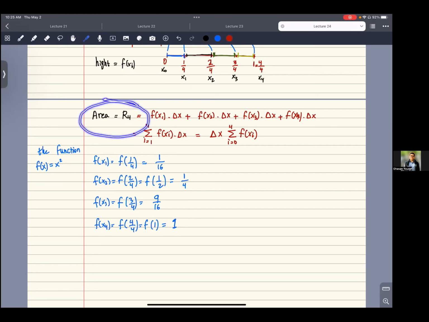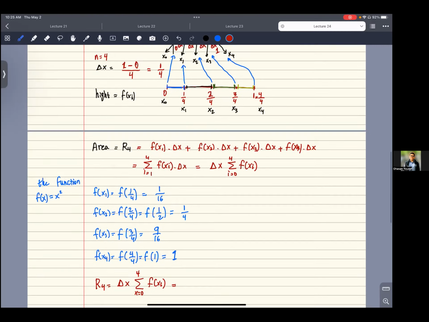It's called the upper estimate for the area, R4, by using this formula. Okay, plug the values. What is R4? It is delta x times the sum of f of xi from i equal 0 to 4.